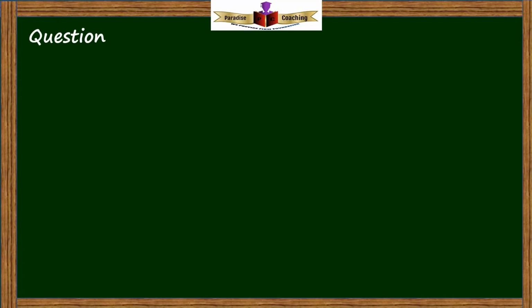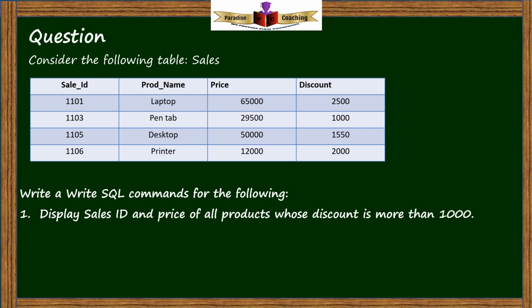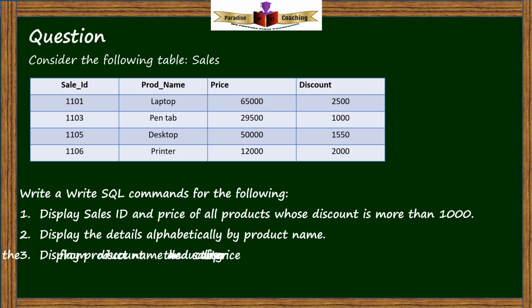Come on, let's try one more question. The table is sales with the given records as can be seen in the table. The table has 4 fields, that is columns in the table, and there are 4 records.